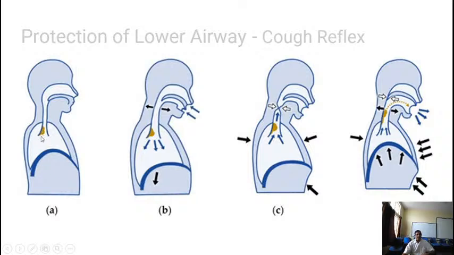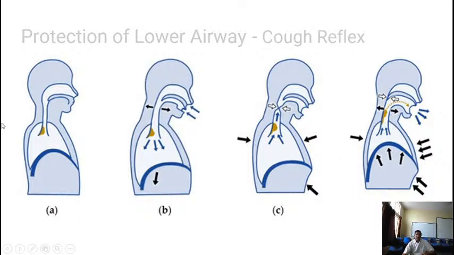Then initially there is a forced inspiration, stage 1, and then the glottis is closed, and positive pressure is built up by the diaphragm and the chest muscles. Suddenly the glottis opens, and the entire force of the air, almost 100 kilometers per hour, is the speed with which the air comes out, and that pushes the mucus into the hypopharynx, and from there you either swallow or spit it out.